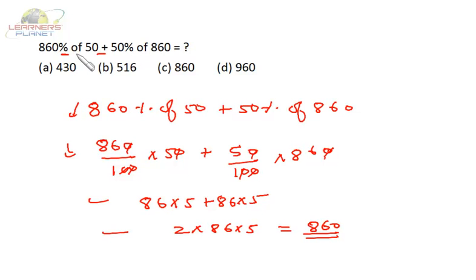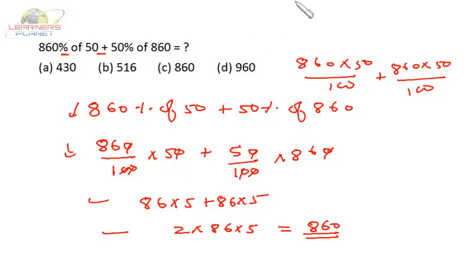So it doesn't matter where you put this percentage sign. In both the cases you have 860 into 50 by 100 plus 860 into 50 by 100. Or in other words, in both the cases you are calculating 50% of 860. That means 50% of 860 plus 50% of 860.